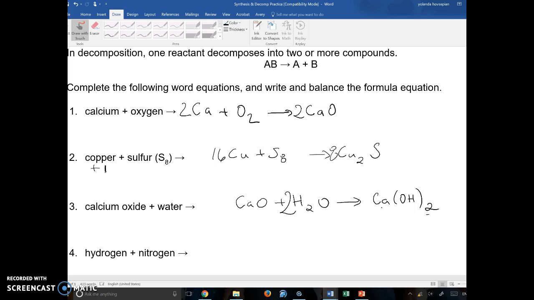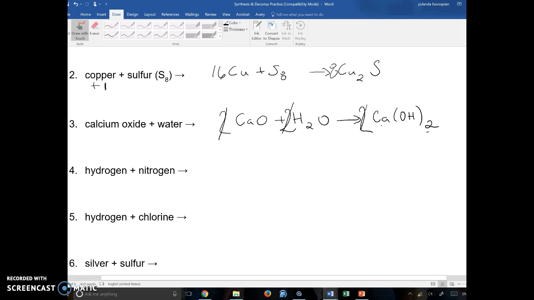So that gives me 4, right? You put a 2 there, you get, what did I do wrong? Yeah, you get 2 calciums and 2 oxygens. So you put a 2. Oh, it was already balanced. Okay. Well, you don't have to put anything. There you go.